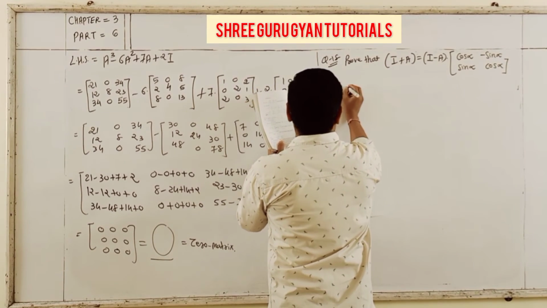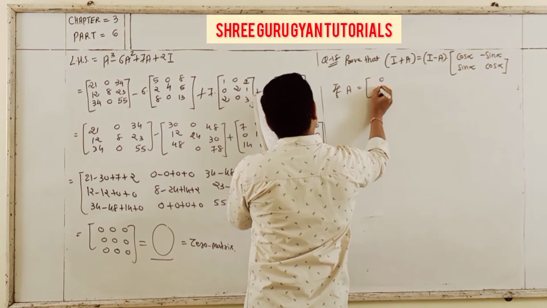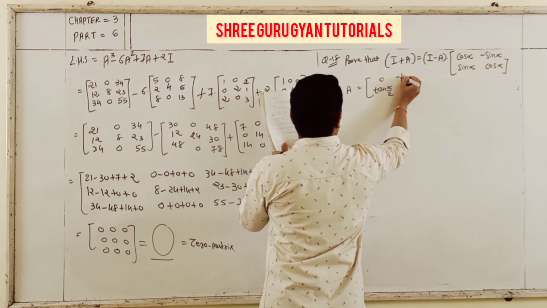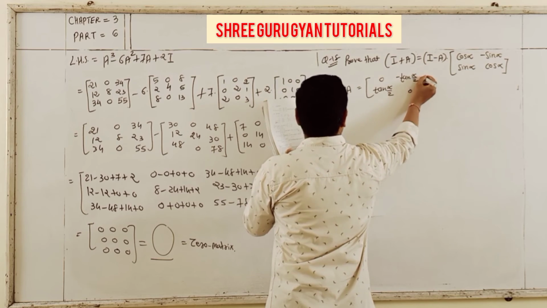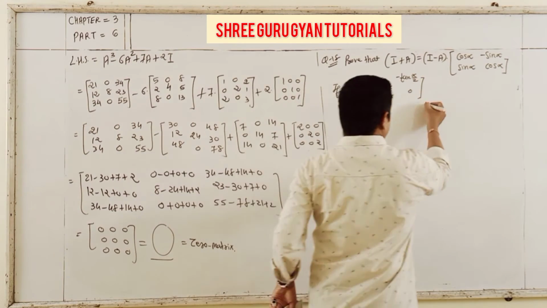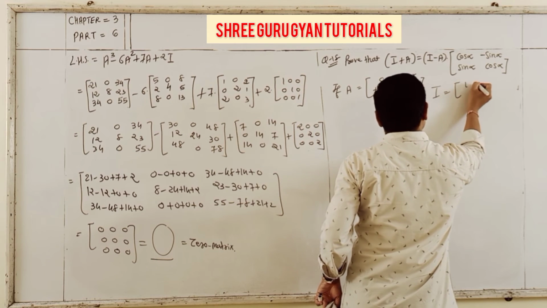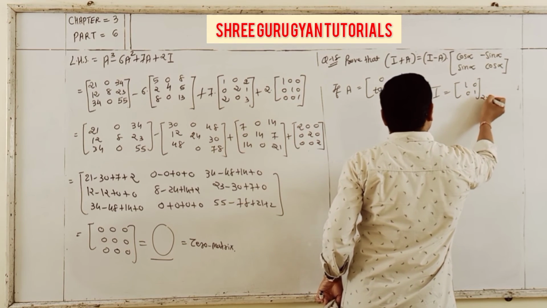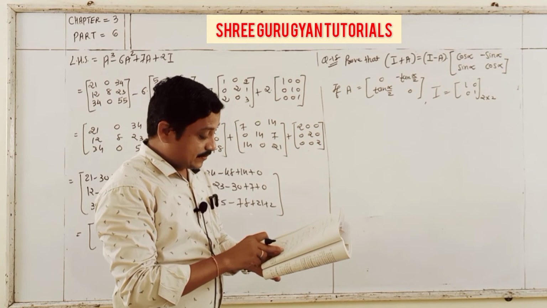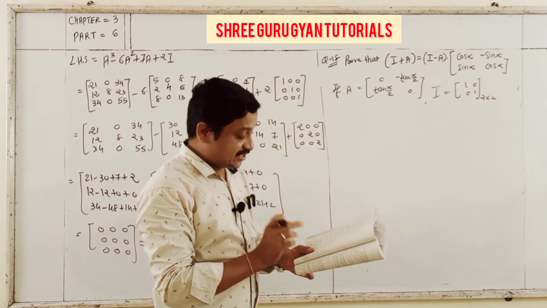A is given as 0, tan alpha by 2, minus tan alpha by 2, 0, and I is the second order matrix, also given as 1 0 0 1, in the 2 cross 2 matrix cos, sin, minus sin, cos, and 0, tan alpha by 2, minus tan alpha by 2, 0.